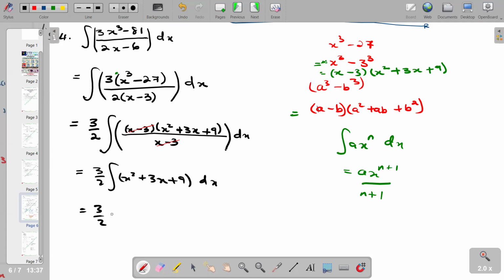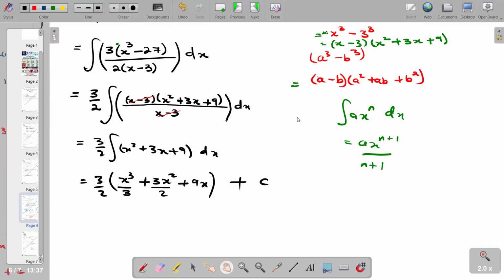The first term there is going to be x cubed over 3, then plus 3x squared over 2. Here it's going to be plus 9x. We add the arbitrary constant.